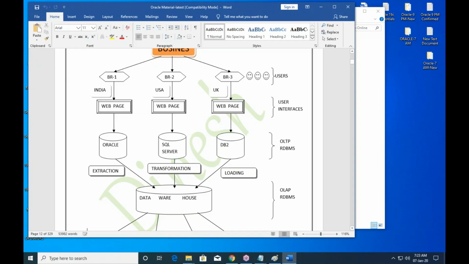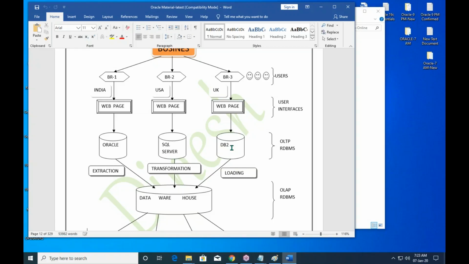Each transaction must be recorded. Recorded means what is the information of a transaction? Transaction ID, transaction time, transaction type, transaction amount, transaction status, whether the transaction failed or succeeded, that is the status.